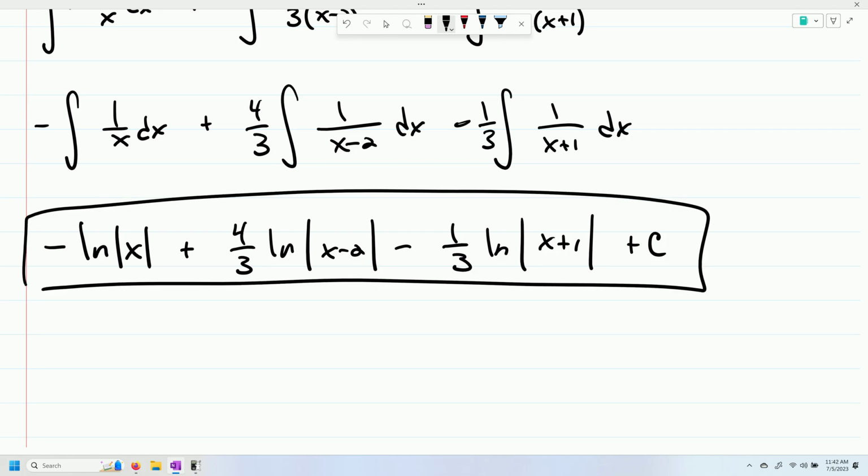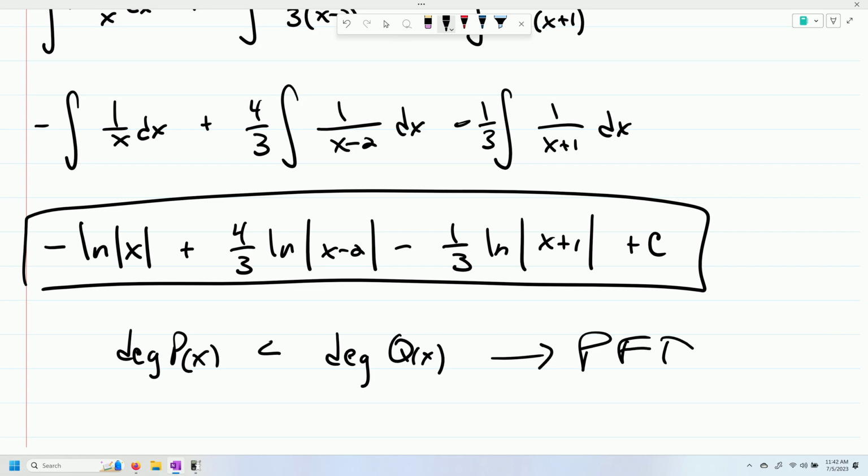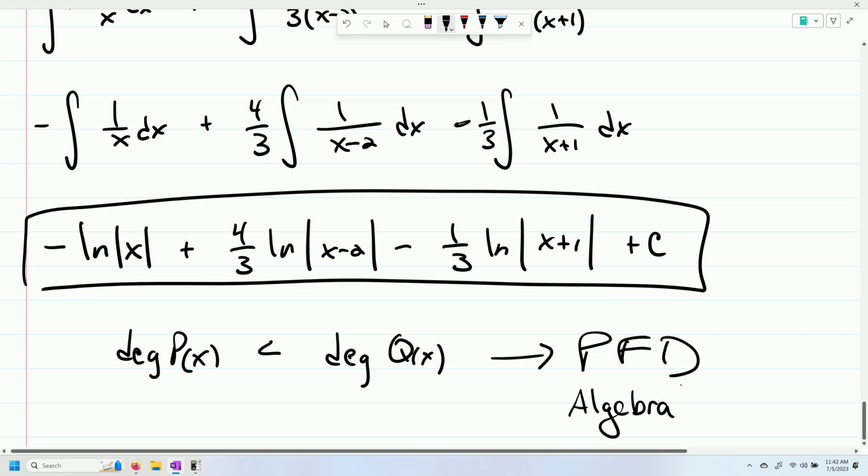And this is how we do partial fraction decomposition integrals. You take a rational expression where the numerator degree is less than the denominator degree. So degree of p of x is less than degree of q of x. And if this is the situation, partial fraction decomposition is a bunch of algebra all over again.